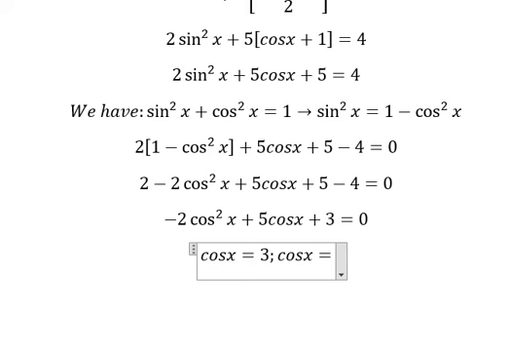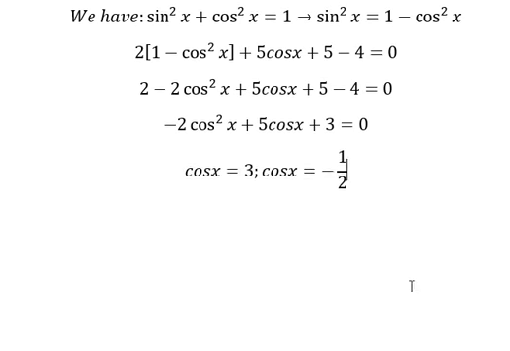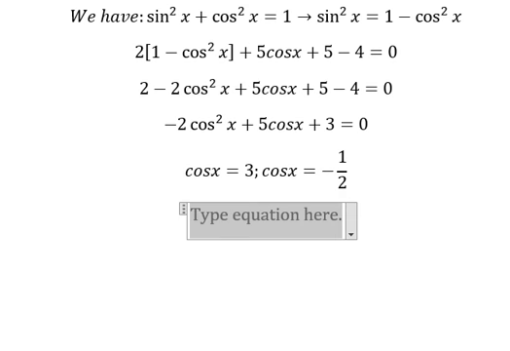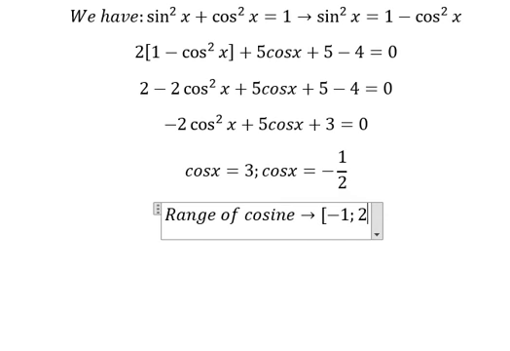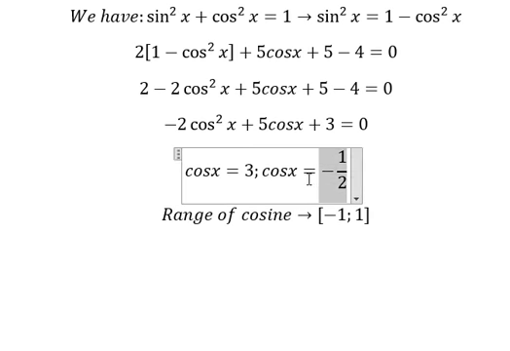Cosine x equals negative 1 over 2. We know that the range of cosine is from negative 1 to positive 1. So that means we only accept cosine x equal to negative 1 over 2, because this other one we don't have a solution in here.